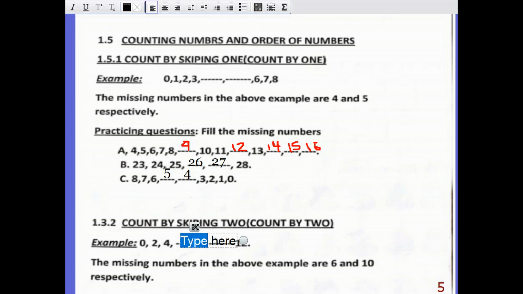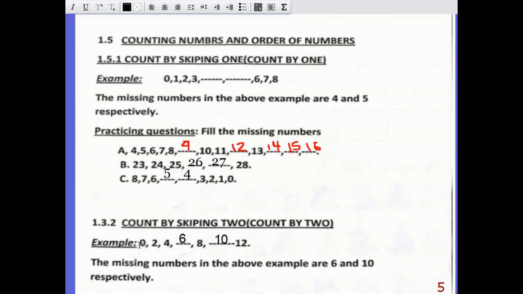So what next? The next number is 6. Okay, 6. And here 10. Clear?